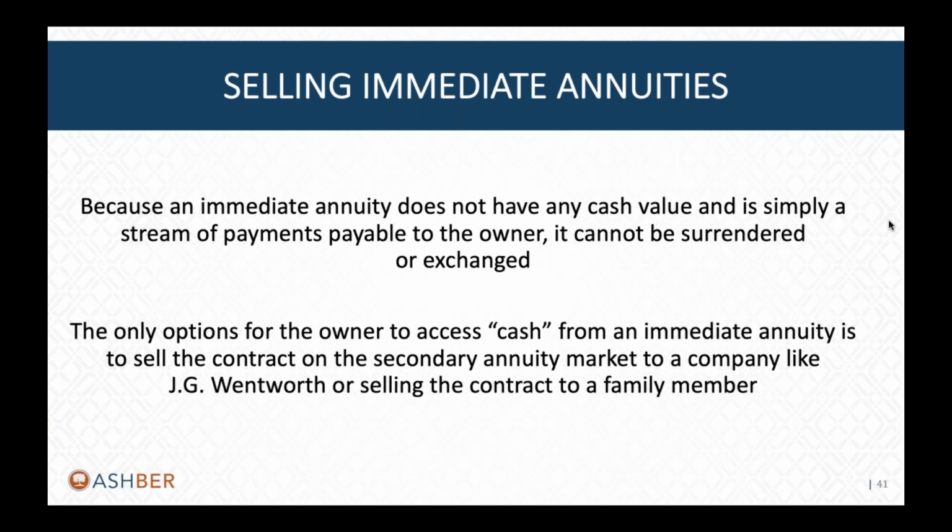So the only options for the client to access cash from an immediate annuity is to sell the contract on the secondary annuity market to a company like J.G. Wentworth, or sell the contract to a family member if that family member is able to purchase the policy for cash.